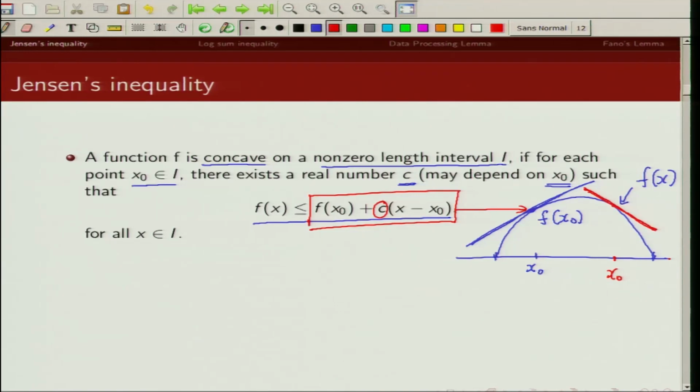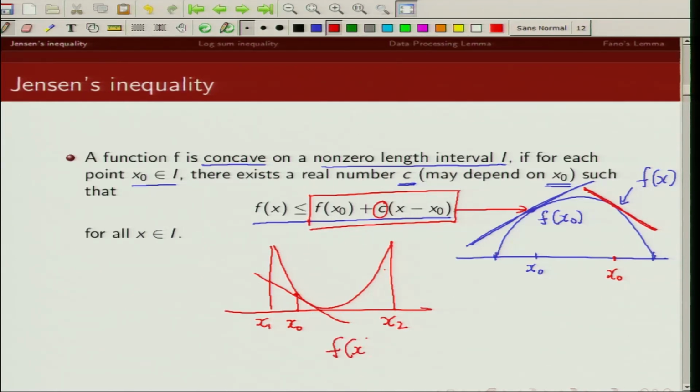Now if the function is convex, then you will have a function like this. Let us say this is a function defined over this interval x1 to x2, and take any point. Let us just take this point x0. If I draw a line passing through x0, then for the function to be convex, f of x should be above this line.